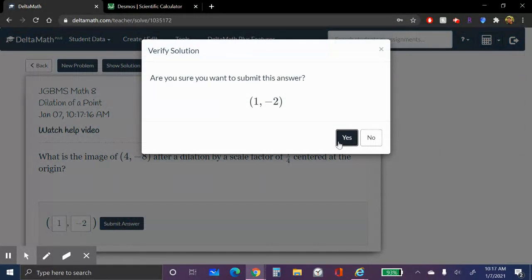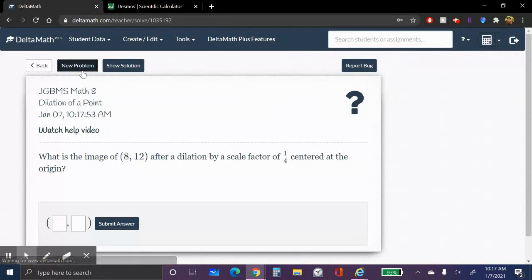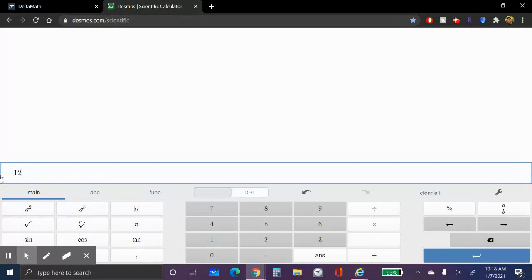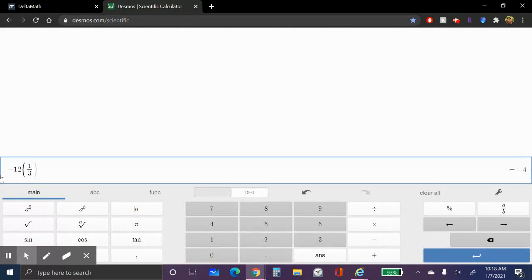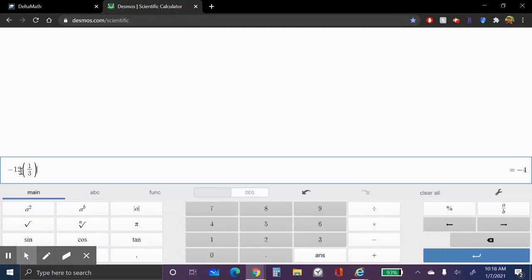Let's do one more with a fraction. Not 1/4, though. There we go, 1/3. -12 times 1/3 is -4. And 9 times 1/3, so I'm just going to change this to a 9, and you get 3.